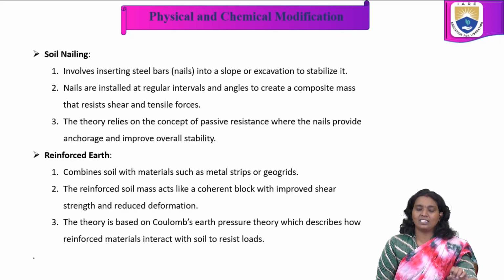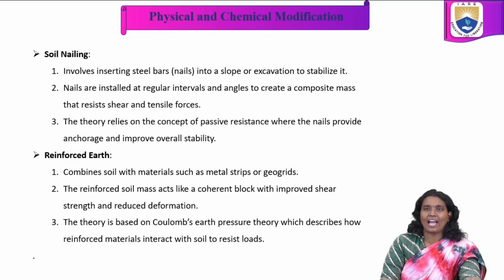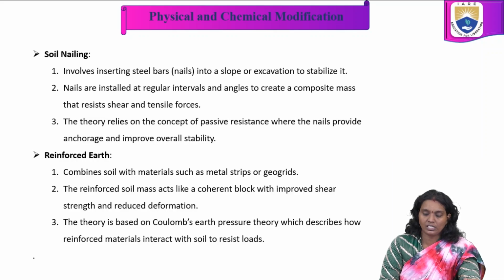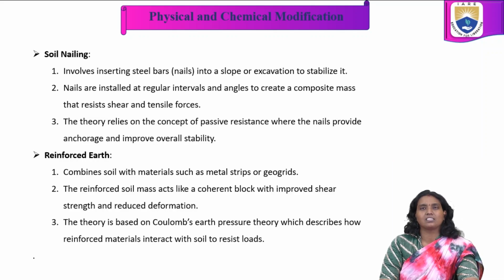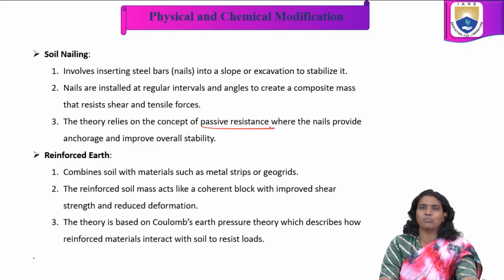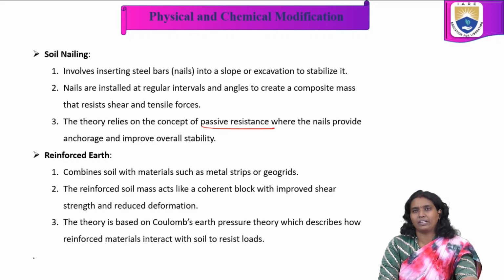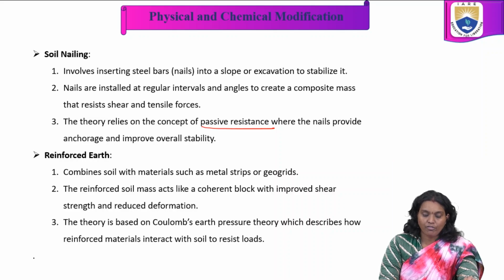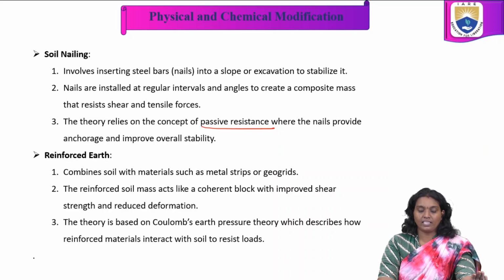Coming to soil nailing, it involves inserting steel bars into a slope or excavation to stabilize it. Nails are installed at regular intervals and angles to create a composite mesh that resists shear and tensile forces. This theory relies on the concept of passive resistance, where the nails provide anchorage and improve overall stability. Reinforced earth combines soil with materials such as metal strips or geogrids.